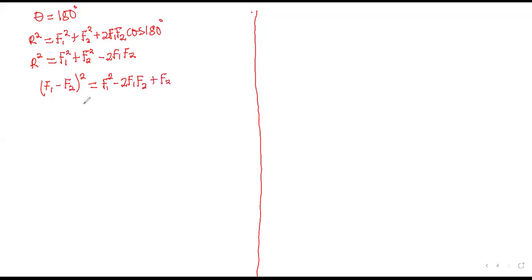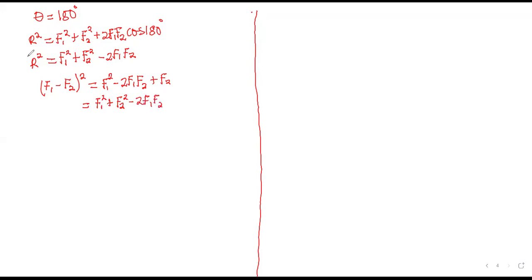Okay. So when you rearrange, you have f1 squared plus f2 squared minus 2 f1 f2.